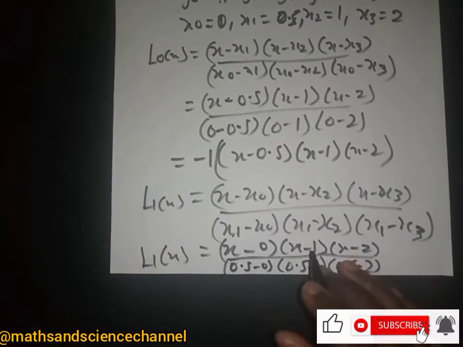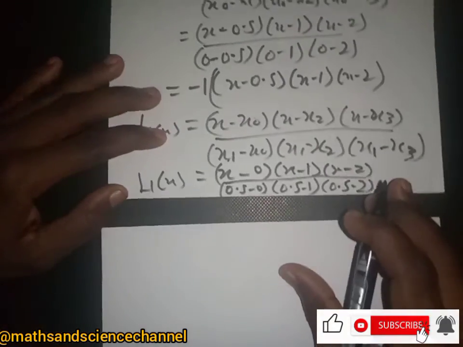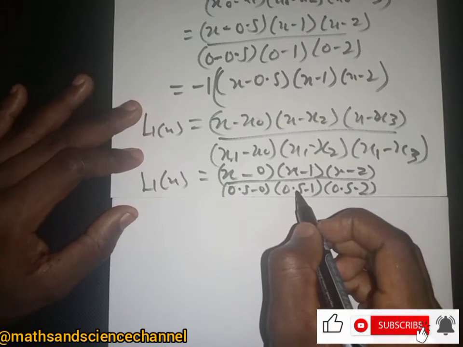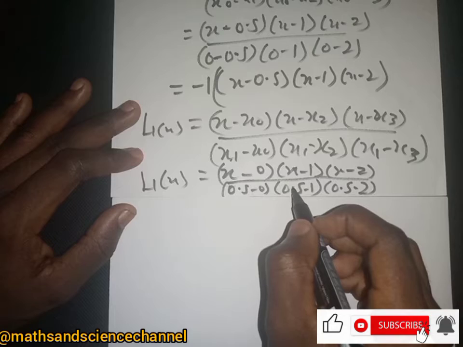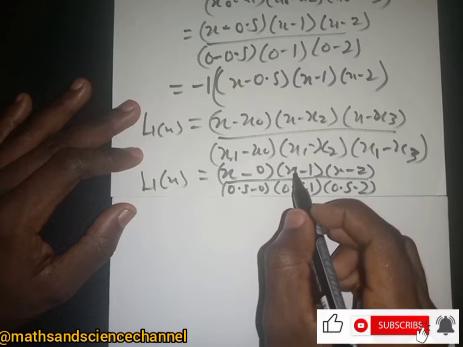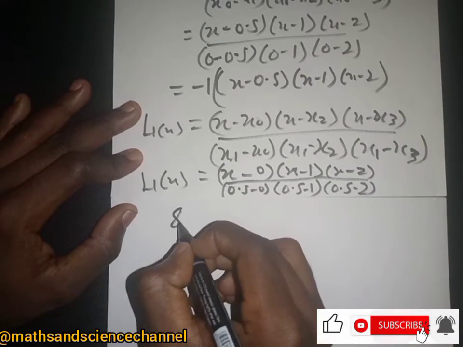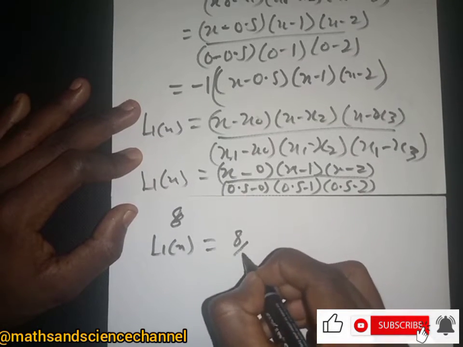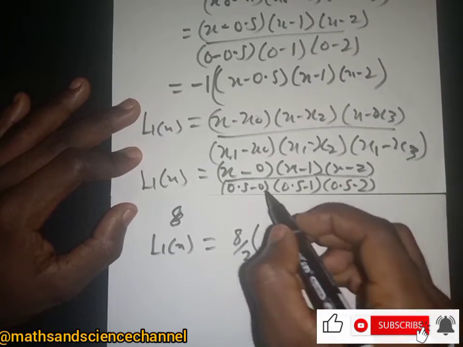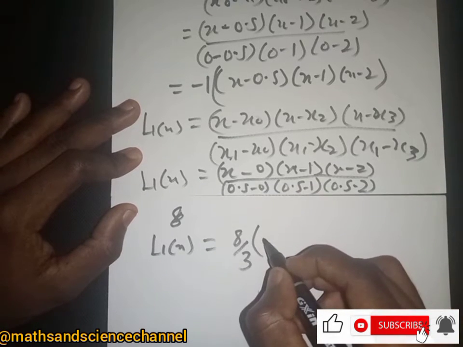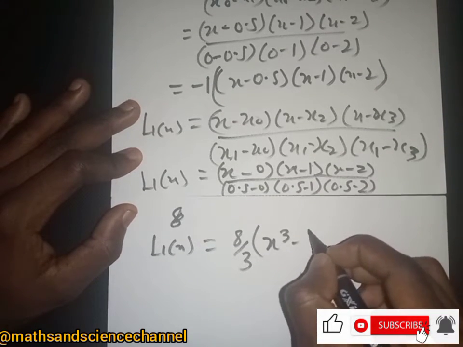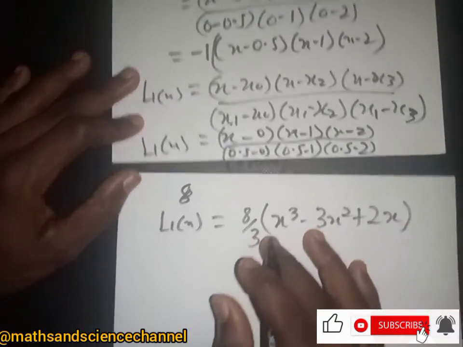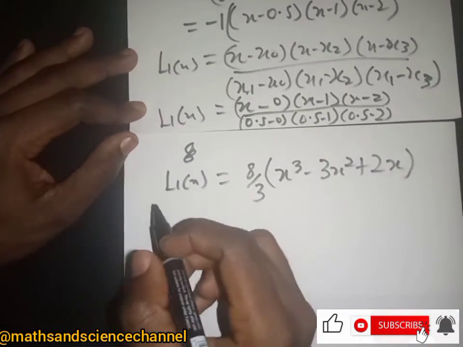When we compute this, for the denominator we get 3/8, but it's going to be 8/3. So we have l1 of x being equal to 8/3, and when we expand this, we get x cubed minus 3x squared plus 2x. That'll be for l1 of x.